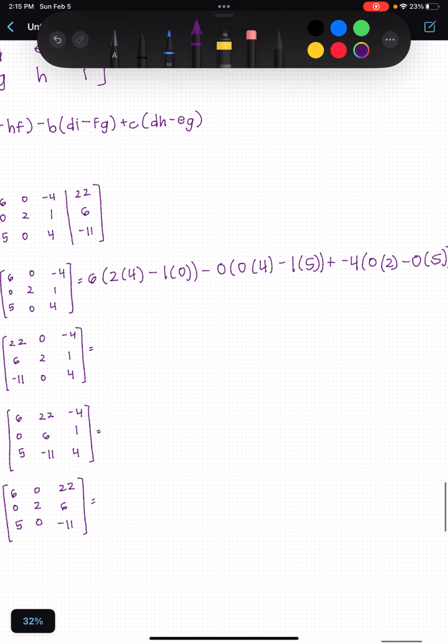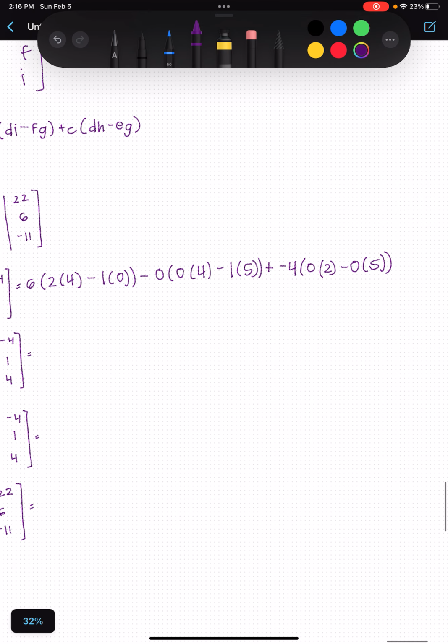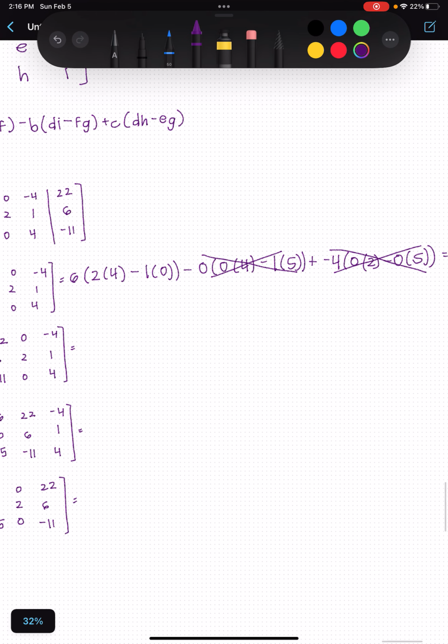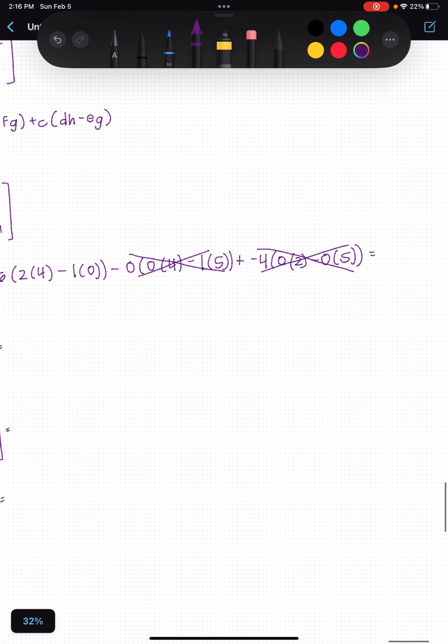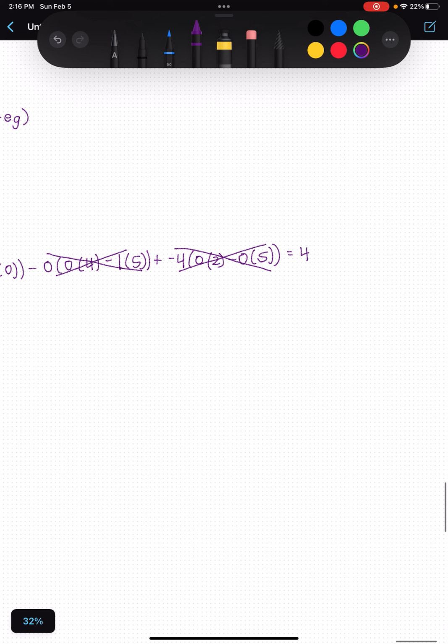Okay. And then to solve that, you can just plug that into a calculator. I'm going to tell you that one cancels out because it's just zeros. That one also cancels out just because it's zeros. You could plug it into a calculator and it would work out, but you're going to end up with just the first part, 6 times 2 times 4, so 8, it's 48. Okay, so this is just 48.